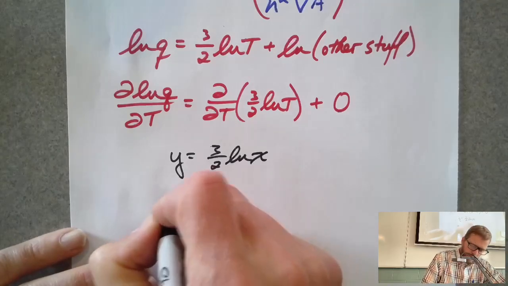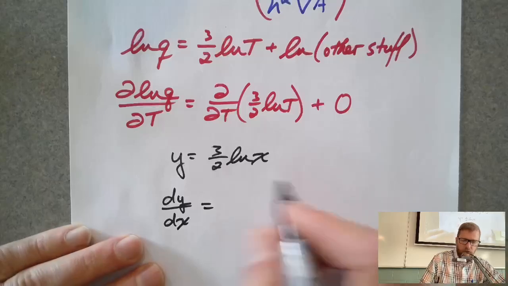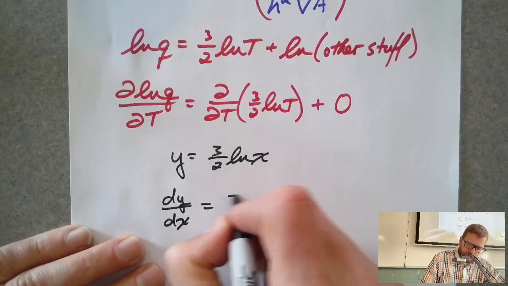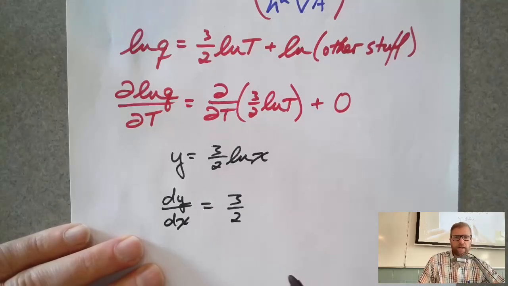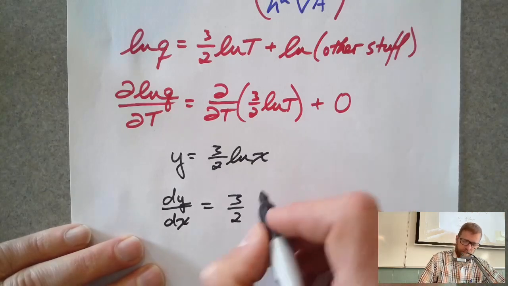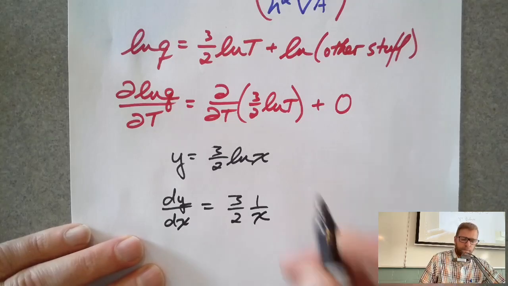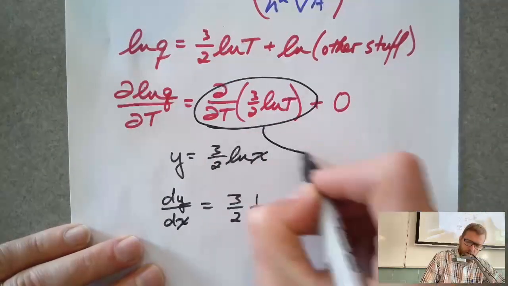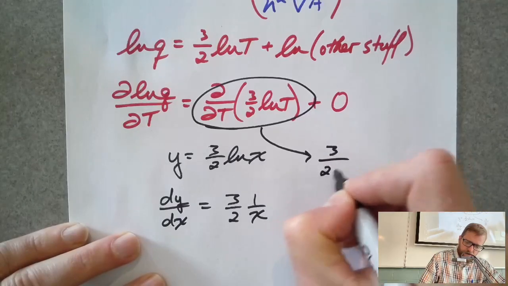Then if I want dy dx, well, my 3/2 is just 3/2, right? And then I have the natural log of x. Well, what's the derivative of the natural log of x? It's 1 over x. So this guy right here is 3 over 2t.